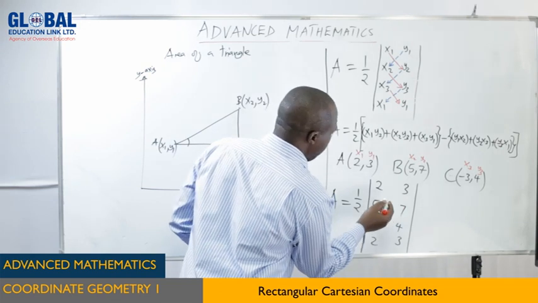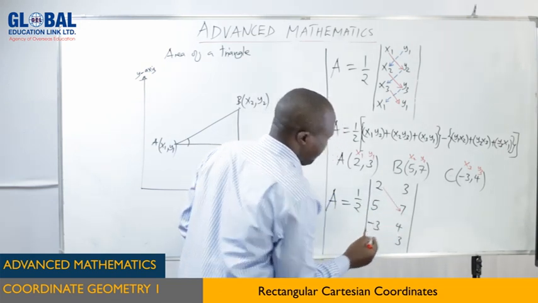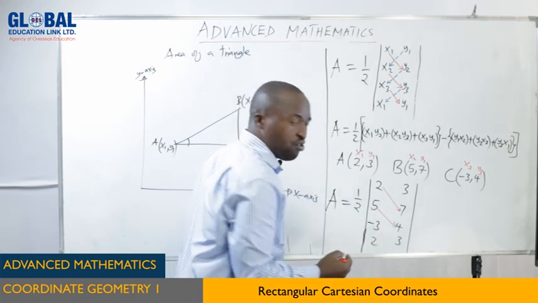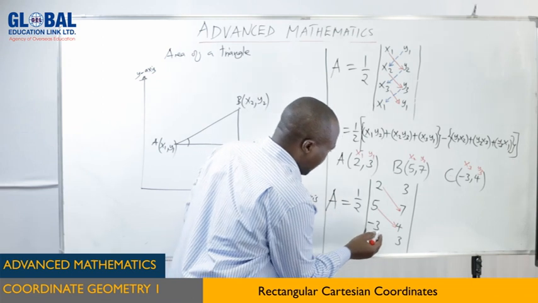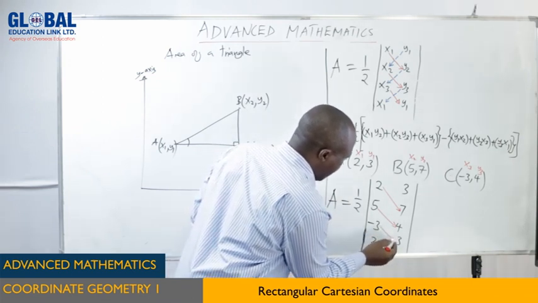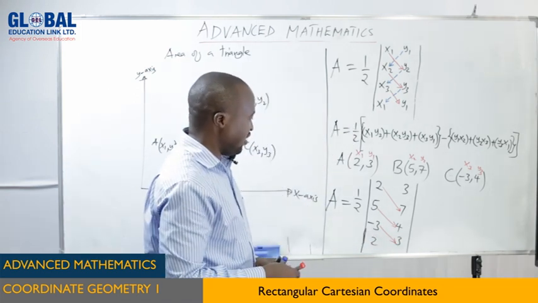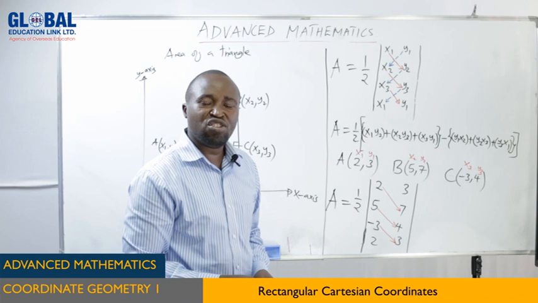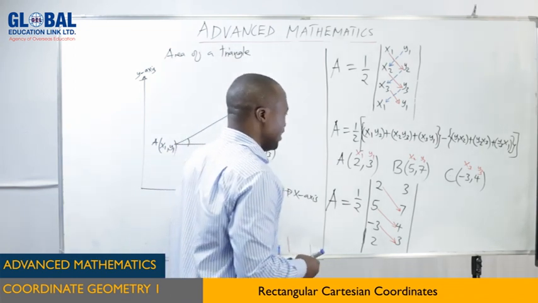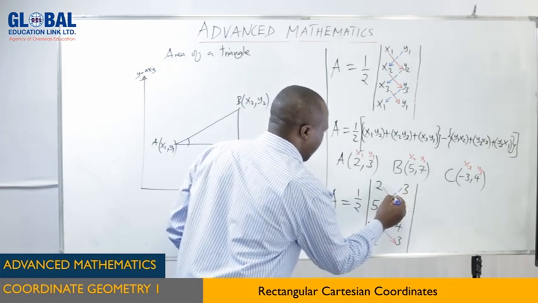So this one will be 2 and 7. But again, 5 and 4. And also we have 3, negative 3 and 3. For the case of dotted arrow, this one will be 3 and 5.